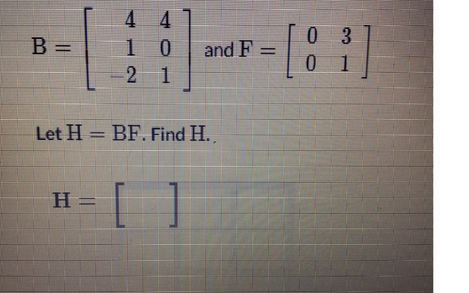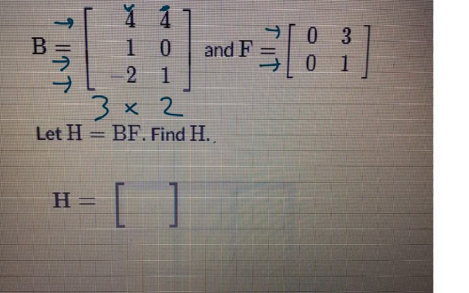Okay, let's try this one. Notice this time, matrix B has 3 rows and 2 columns. This is a 3 by 2, right? Matrix F, notice, is a 2 by 2.